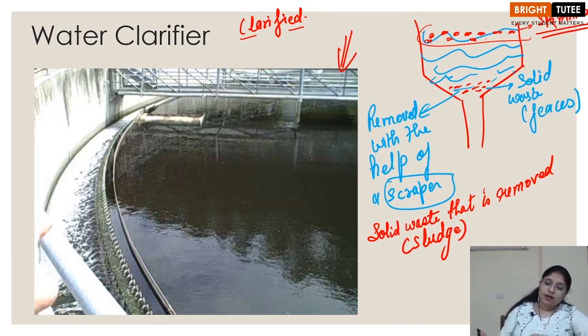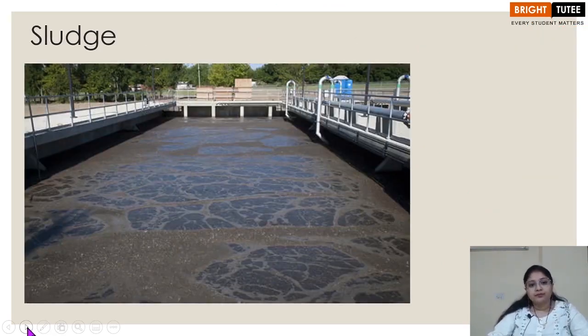Also, whatever part is left after the decomposition is used as manure. Once we have obtained the clarified water from this water clarifier tank, next this water is passed on to the other tank, that is the aerator.